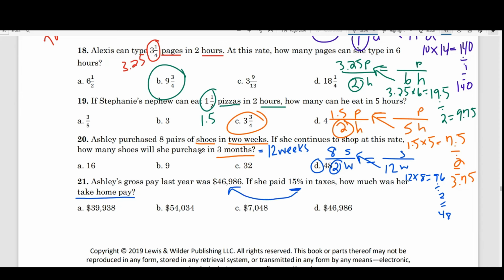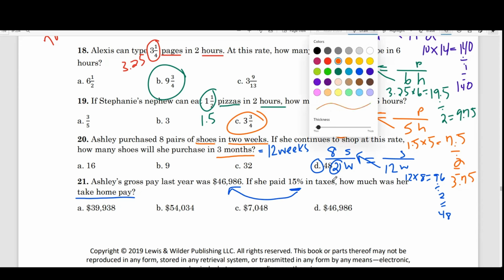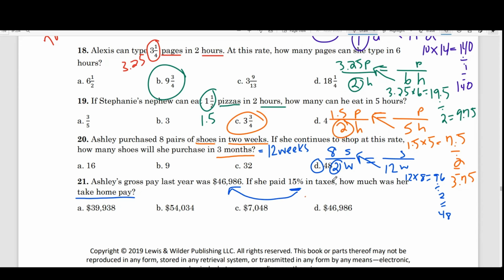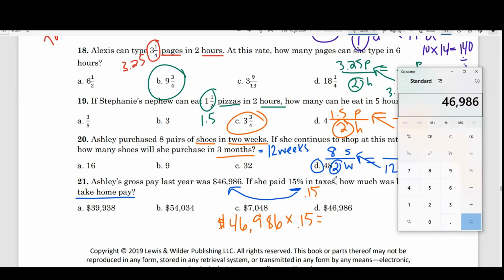But you can never multiply a number times a percentage. It always has to be converted to a decimal first, so that's going to be 0.15. So 46,986 times 0.15 gives us $7,047.90.